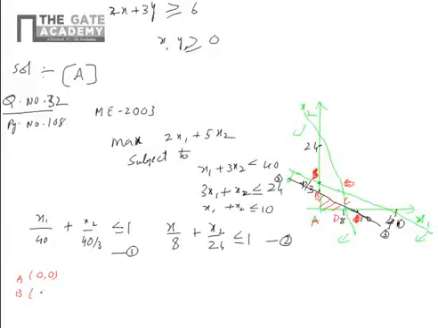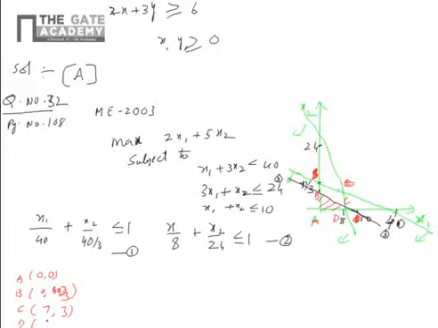So B value is 0, 40 by 3, and C is 7, 3.